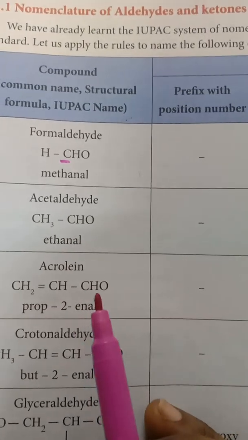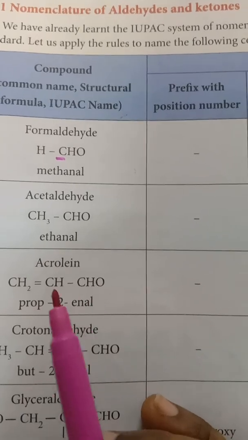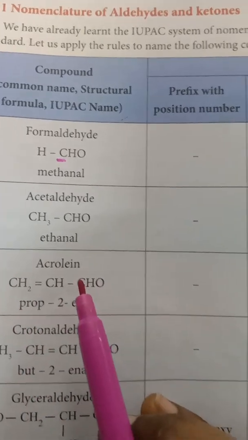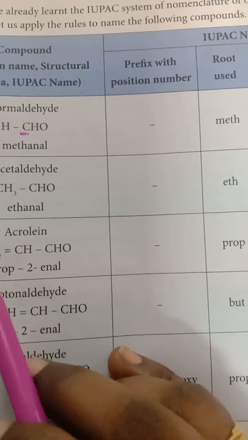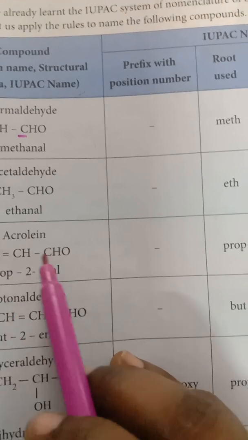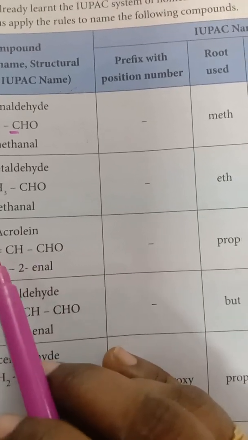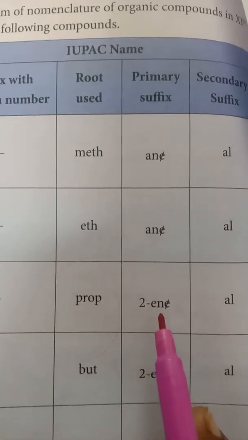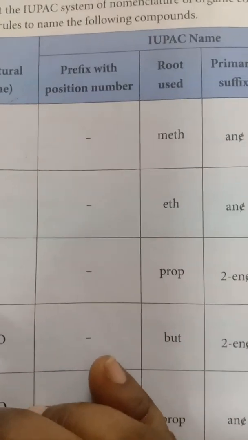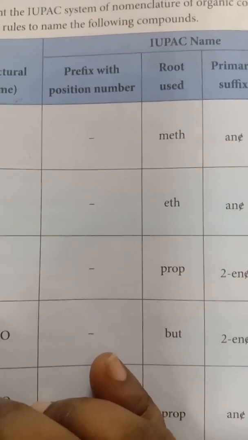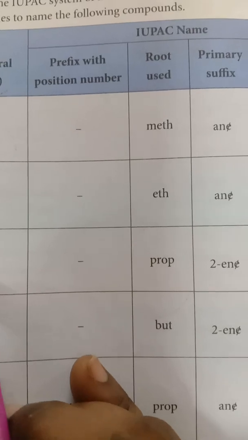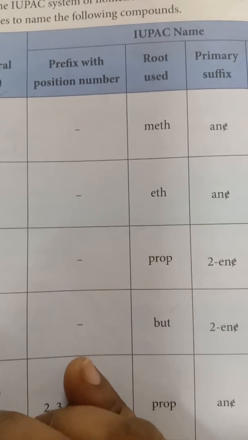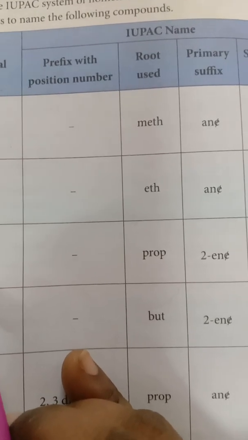So the functional group is present on this side, so I'll number from here itself. 1, 2, 3 carbons. Three carbons are present, so it is prop. Since a double bond is present, you should end with "ene", not "ane". See here, it is not "ane", it is "ene". In which carbon is this double bond present? In the second carbon, and the aldehyde group is there. So prop-2-enal, right?